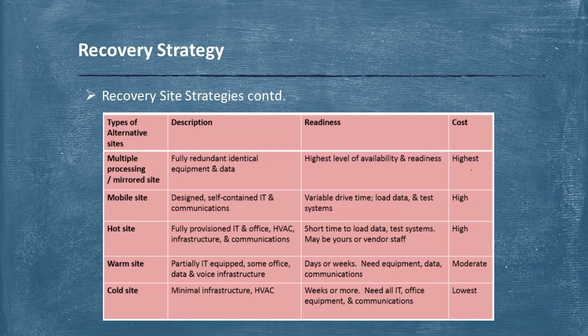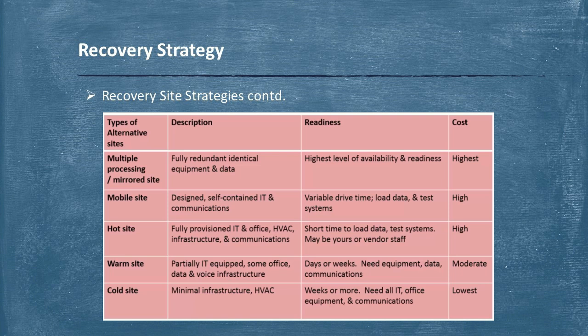The readiness, the level of availability, is that quickly they can get back to work. That is, they can restore and then start the normal operation as quickly as possible. But the cost is high, because you have to have a mirrored site, like the exact replica of whatever is available in the organization, the same thing maintained at a remote location.